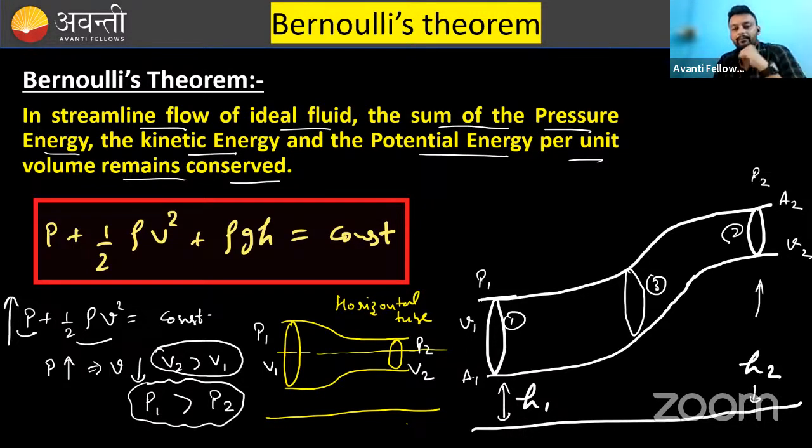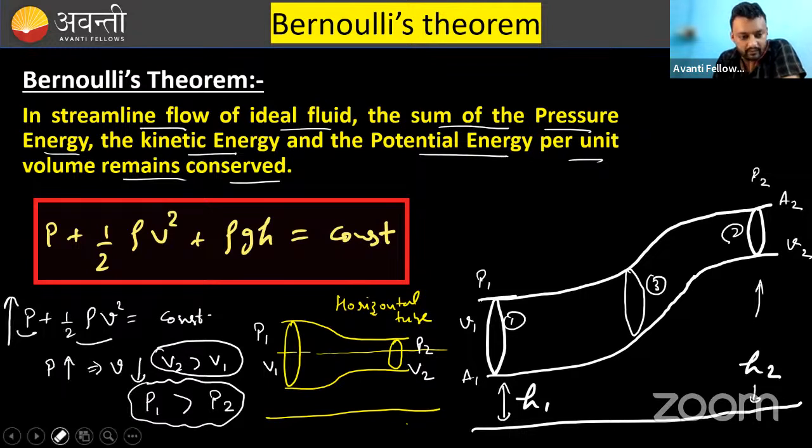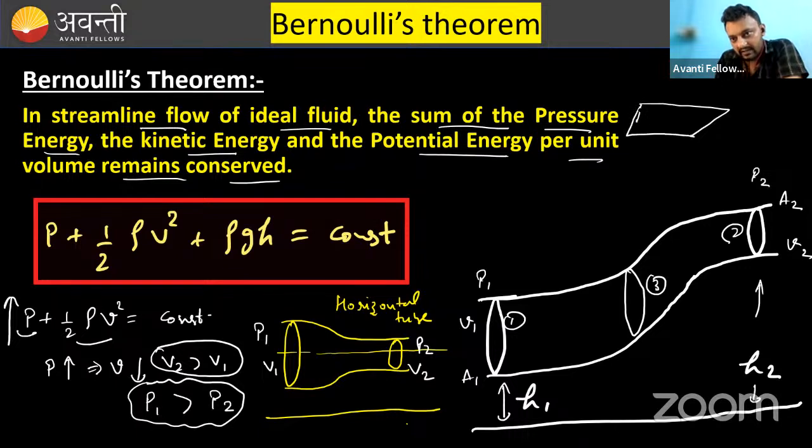Why do they blow away? Let me draw a tin shade for you. Like this is a wall, this is a tin shade. I don't know whether I will be able to draw it or not. Let's suppose this is a tin shade.